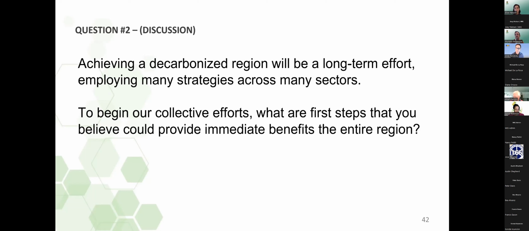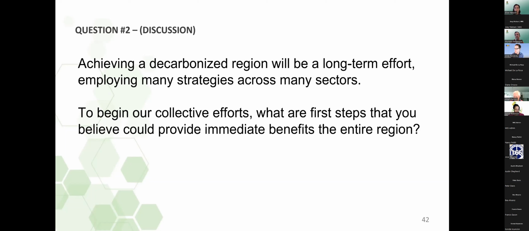So to begin our collective efforts, what are first steps that you believe could provide immediate benefits for the entire region? Granted, immediate steps won't create all the solutions that we need, but we can start to make some good progress.